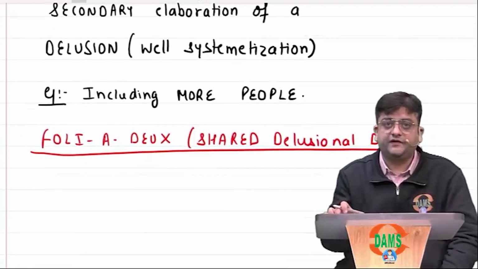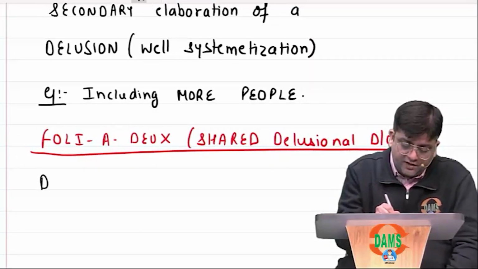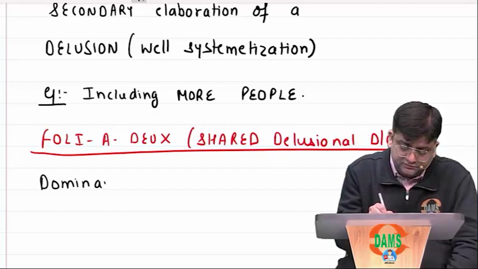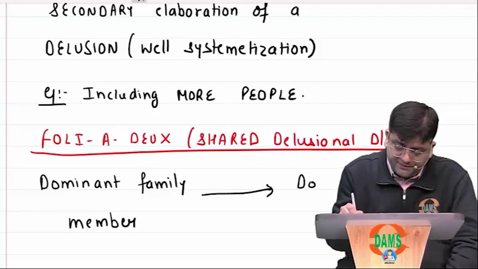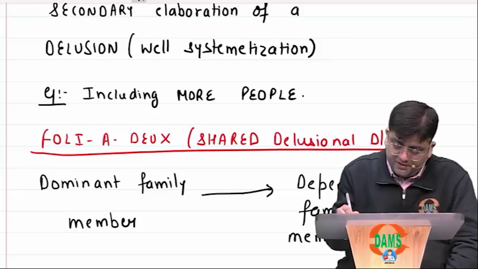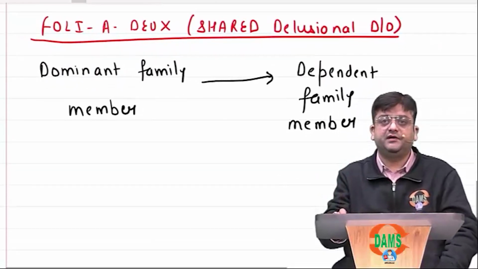In this, delusion goes from one family member to another family member, usually from a dominant family member to a dependent family member.